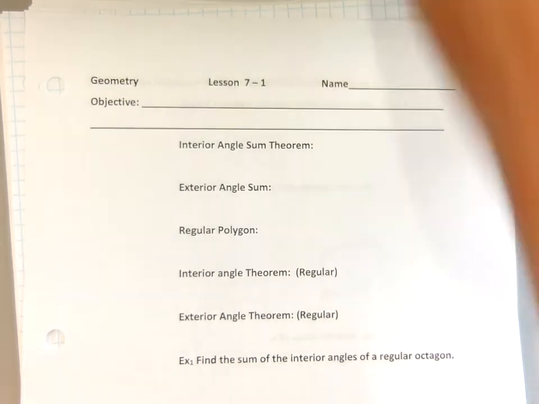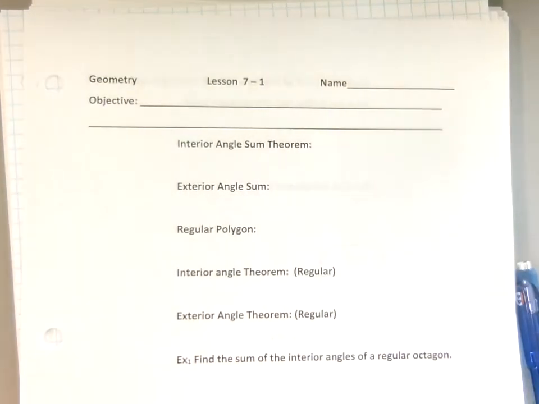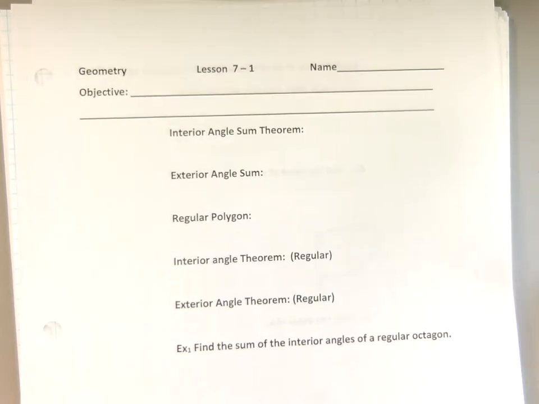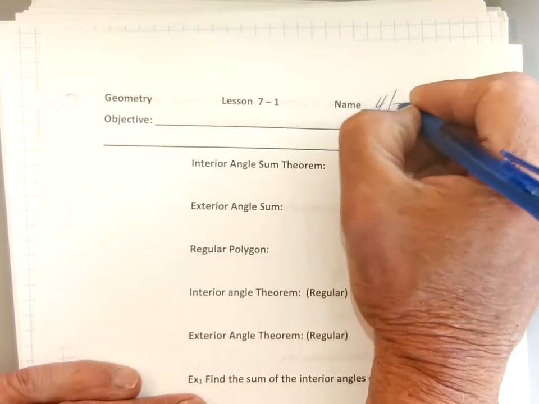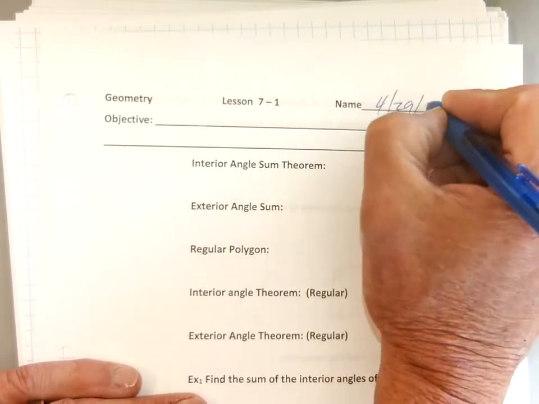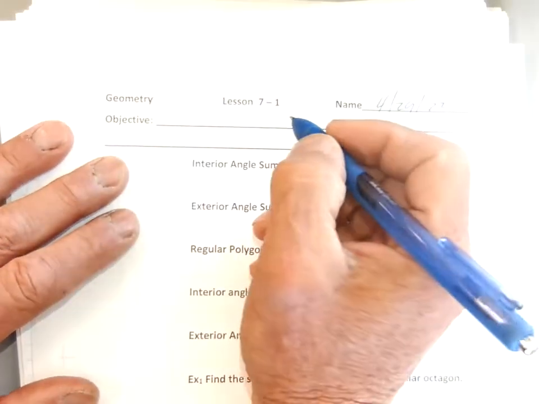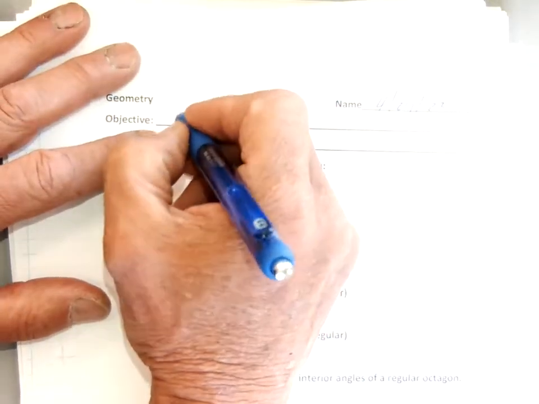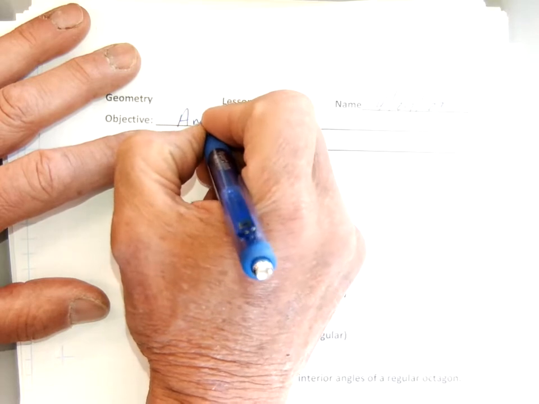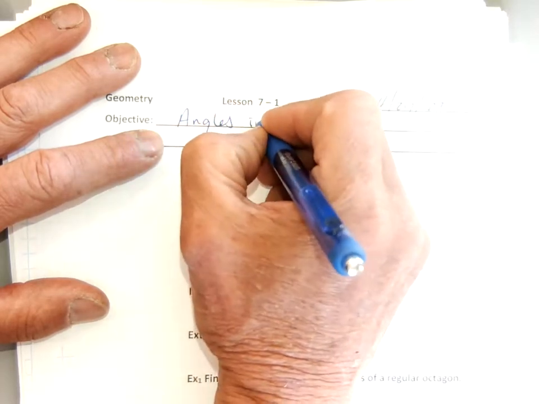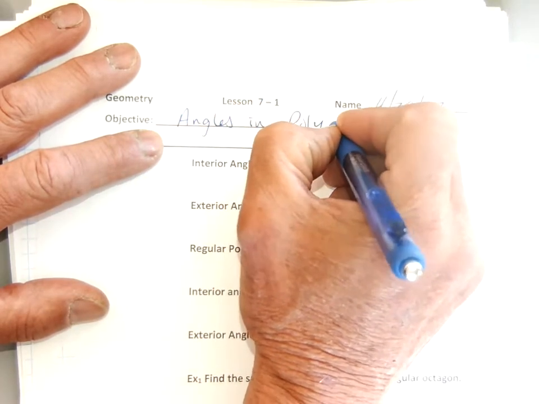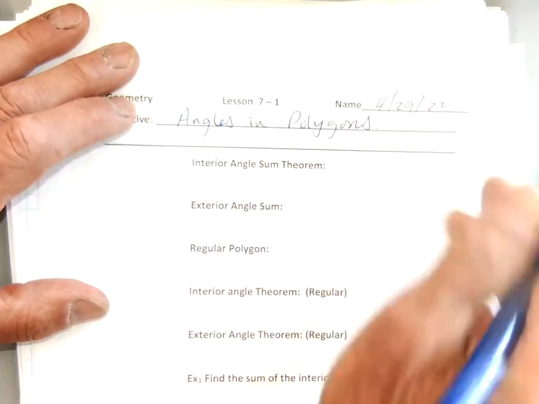Okay, so let's take a look at this. Today, and the date is 4/29/22, what we care about is really angles in polygons.